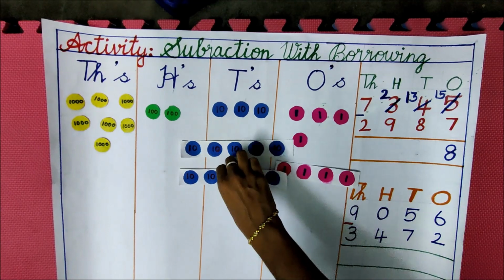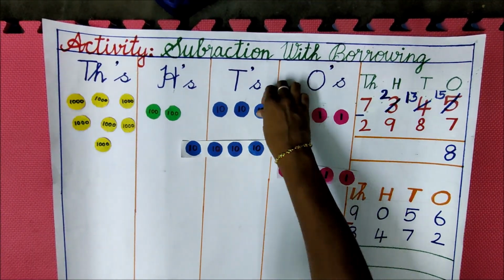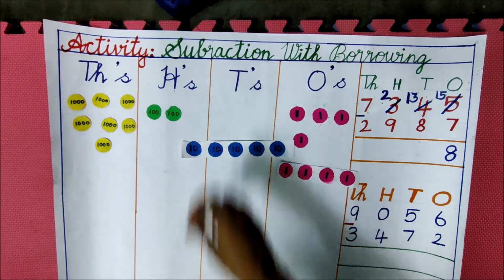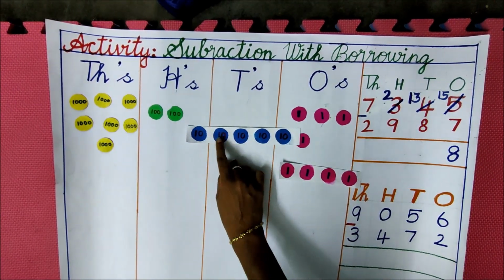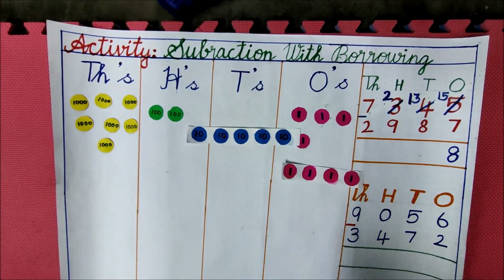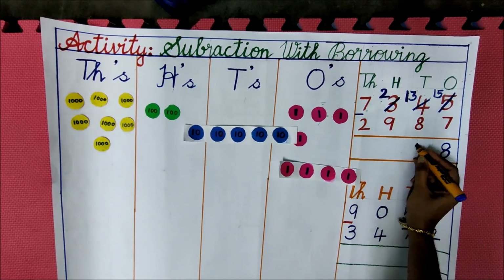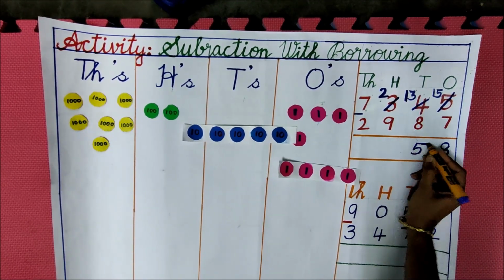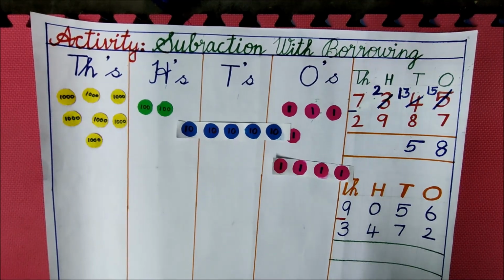See, 1, 2, 3, 4, 5, 6, 7, 8. What is the remaining number here? 1, 2, 3, 4, 5. The remaining number is 5. So 13 minus 8 is 5.